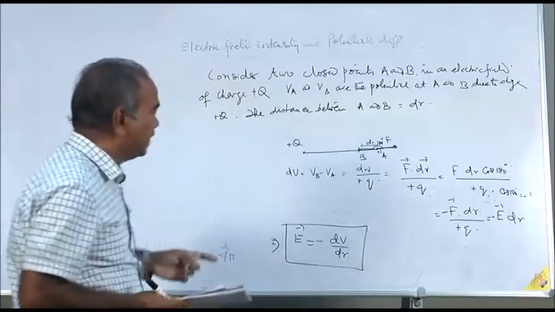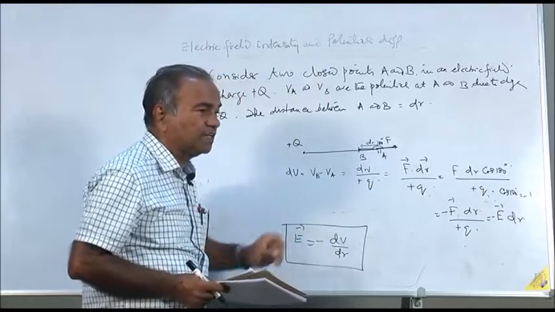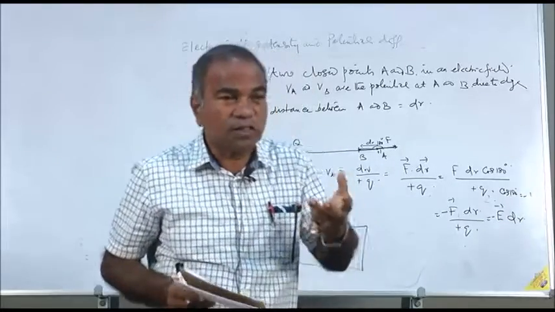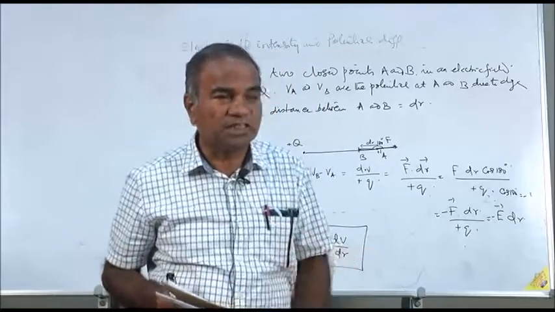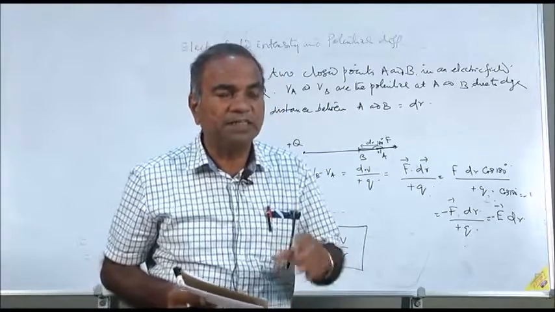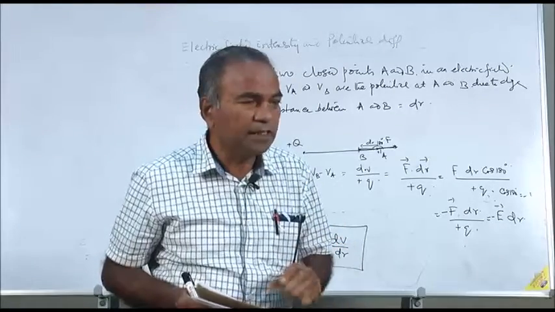So, that means the negative of the potential gradient. Gradient of a function means how that function changes with respect to distance. Velocity gradient means dv by dx or dv by dr. Potential gradient is the change of potential divided by distance.